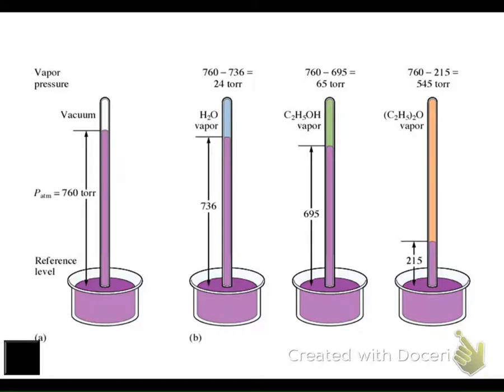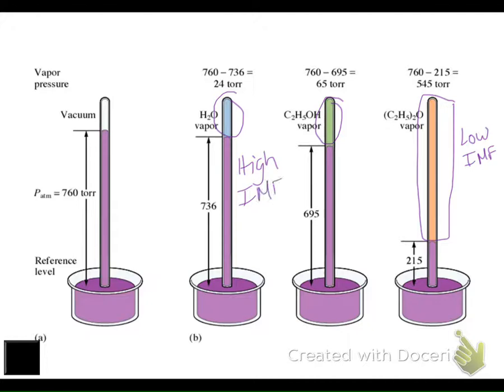Here's another example of something where we're looking at vapor pressures. So I've got water vapor pressure, I've got an alcohol vapor pressure, and then I've got another one here that's got really high vapor pressure. So this would have low intermolecular forces compared to water, which would have high intermolecular forces.